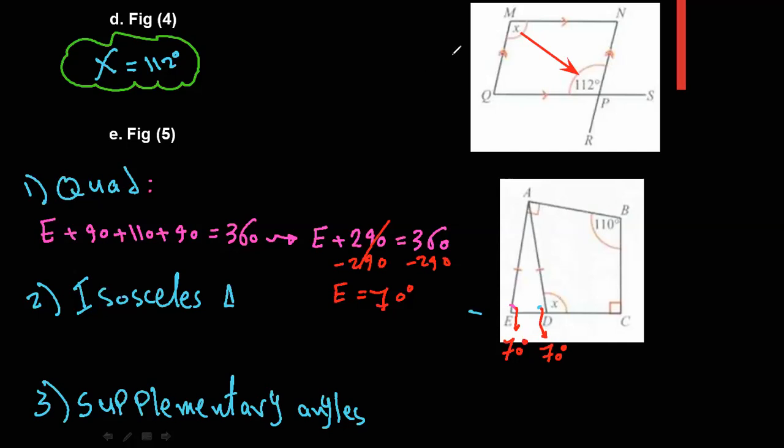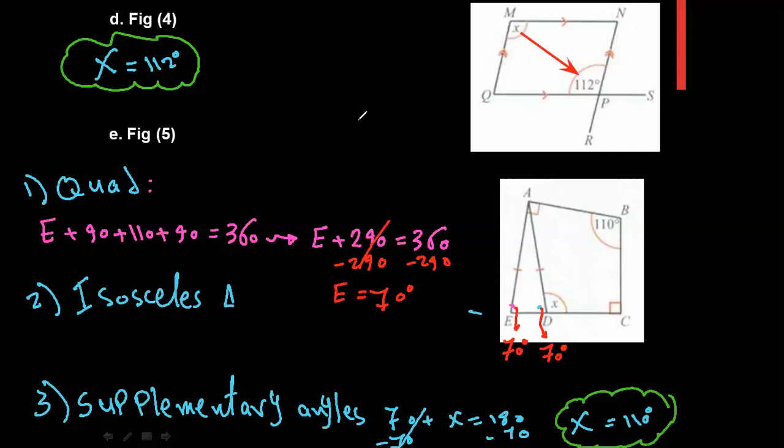That means 70 plus X equals 180. Minus 70 on both sides. The value of x finally equals 110 degrees, and that is my final answer.